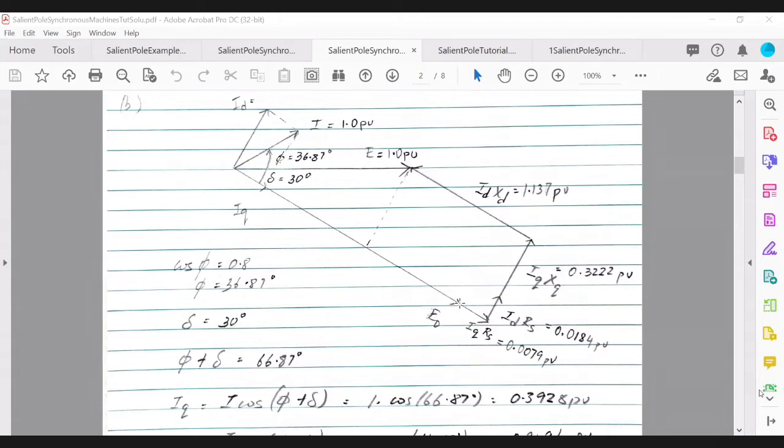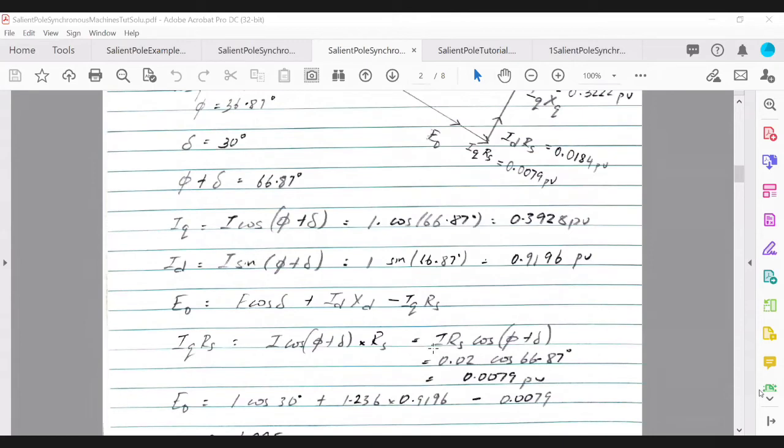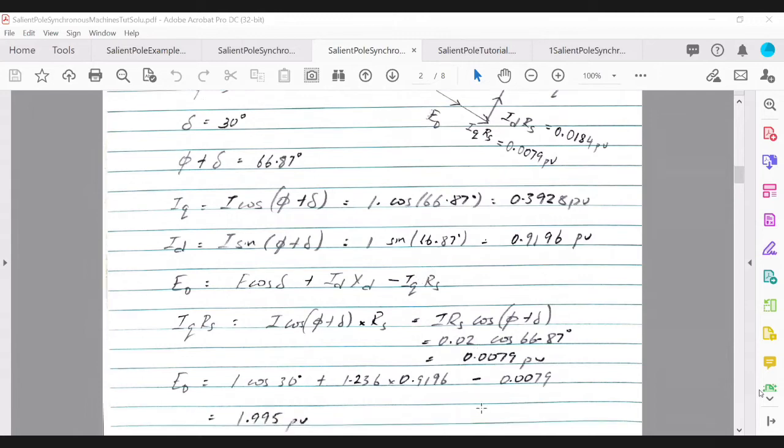How you get this portion is you take the full phasor, which is I dxt, from this point to this point, and you extract this part, which is IQRS. So E naught is E cos of delta plus I dxt minus this part, which is IQRS, and that will enable you to determine this drop. You need to determine that part and then subtract it there to get E naught.